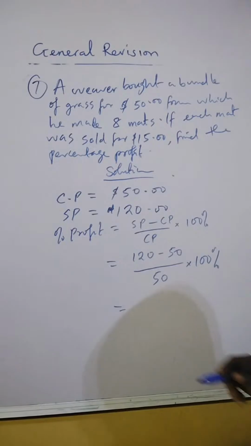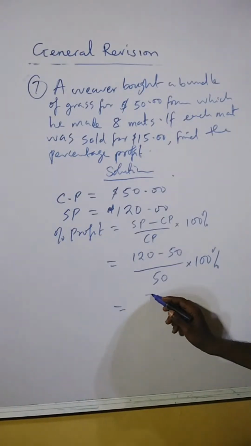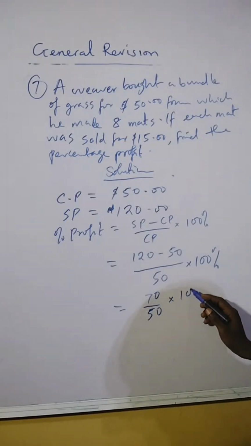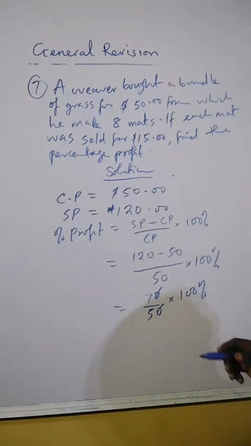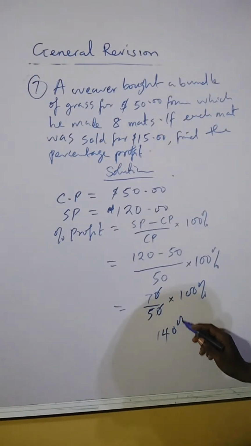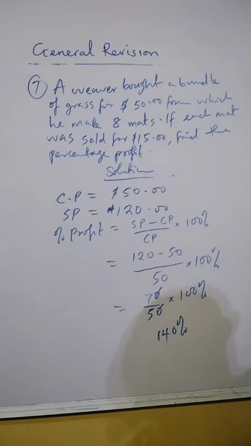And 120 minus 50, we have 70 over 50 times 100%. This over 5 gives us 140%. That's the percentage profit on this particular transaction.